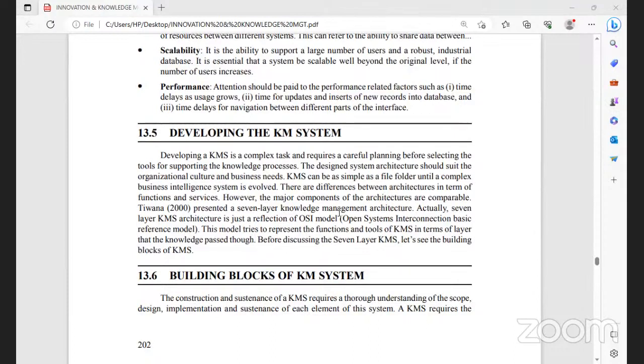There are differences between architectures in terms of functions and services. Means to develop a very good, strong, efficient knowledge management system, the functions and services are coordinated like the two sides of a coin in a balanced environment.